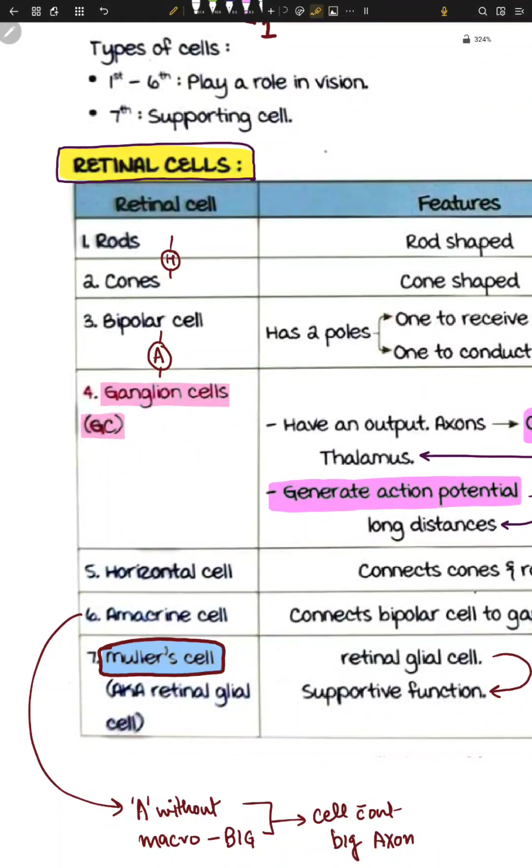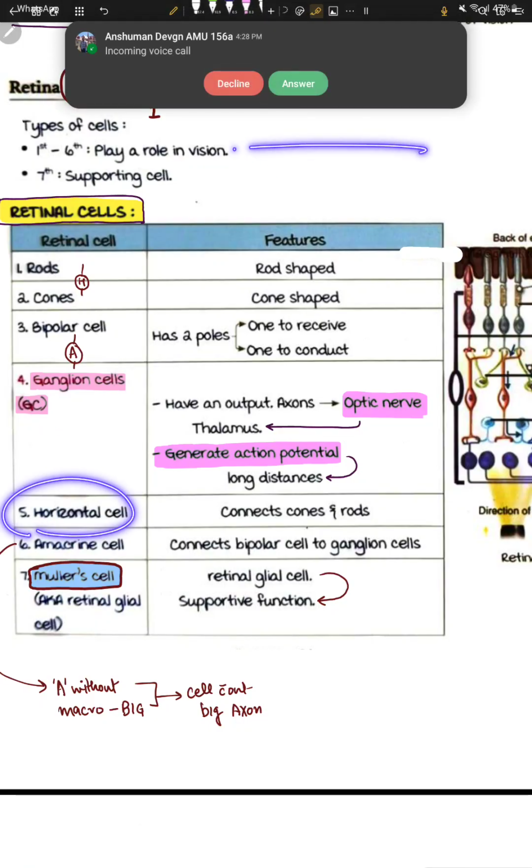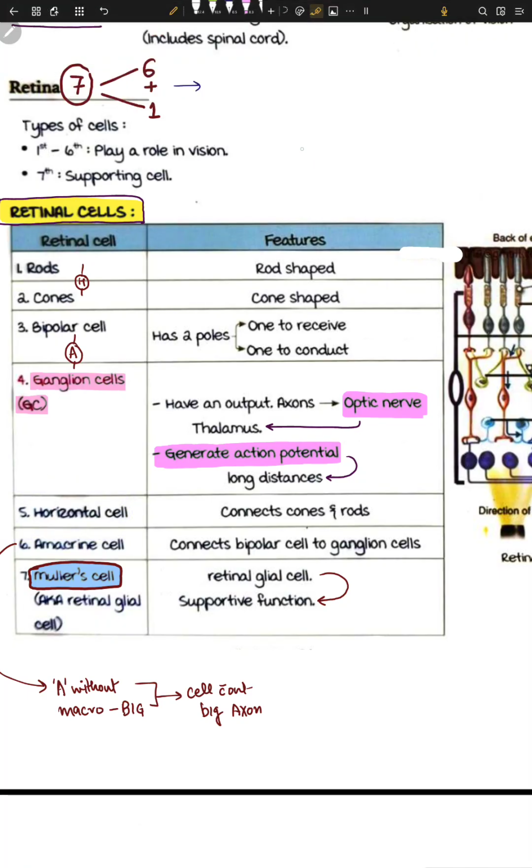Cool. The first cell is rod because they are rod shaped. Second is cone because they are cone shaped. Bipolar because this is a cell and they have two poles. Ganglion, it's a collection of neurons. Horizontal cells, these are literally horizontal, and they connect two cells.